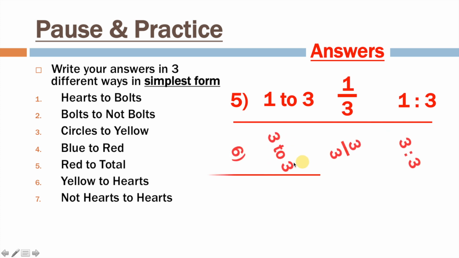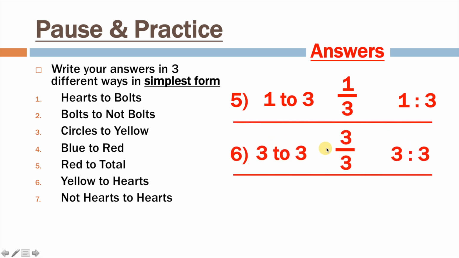Number 6, 3 to 3, 3 over 3, 3 colon 3. Again, we have to put this into simplest form, and we can divide both of these 3's by 3. So 3 divided by 3 is 1 here, 3 divided by 3 is 1 here, so this answer will become 1 to 1, which means this will be 1 over 1, and this will be 1 colon 1.